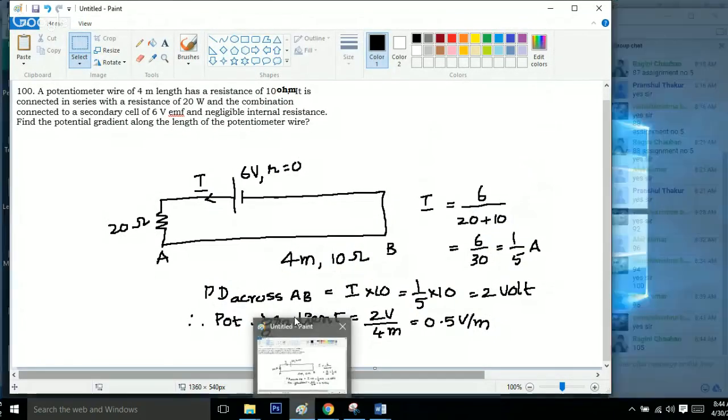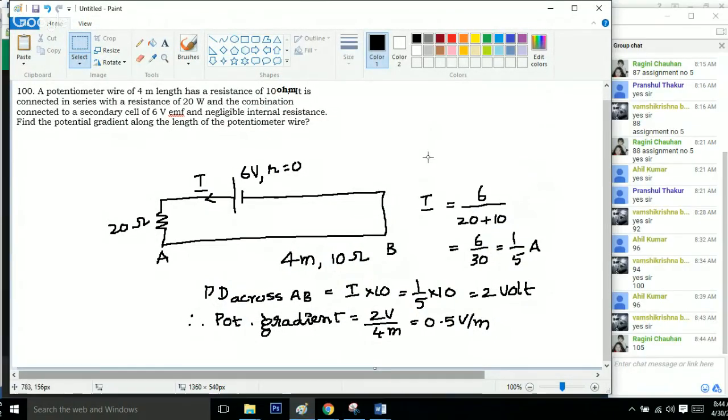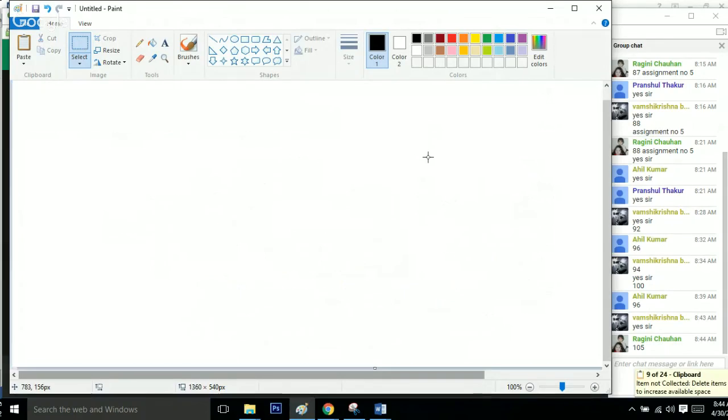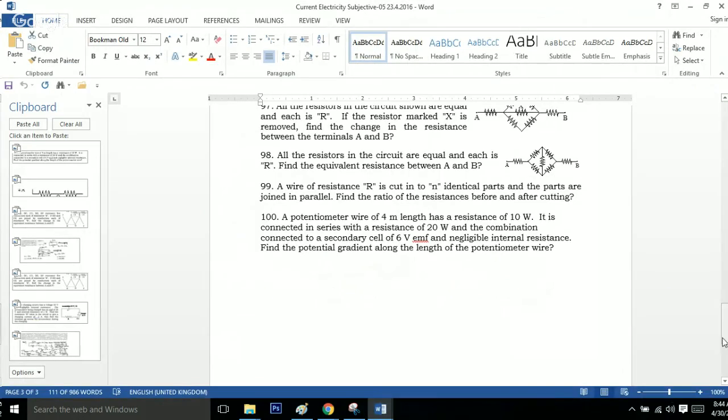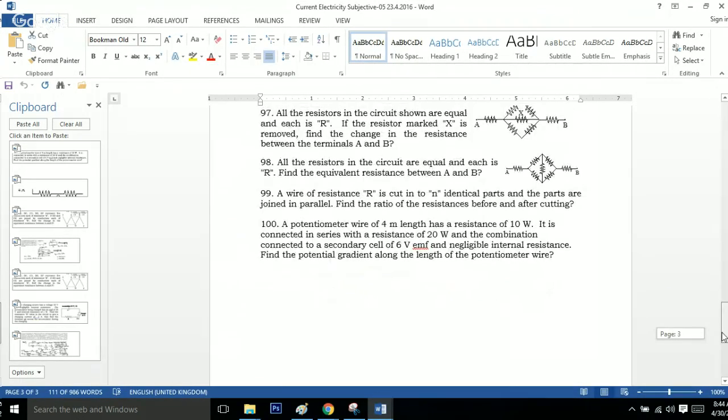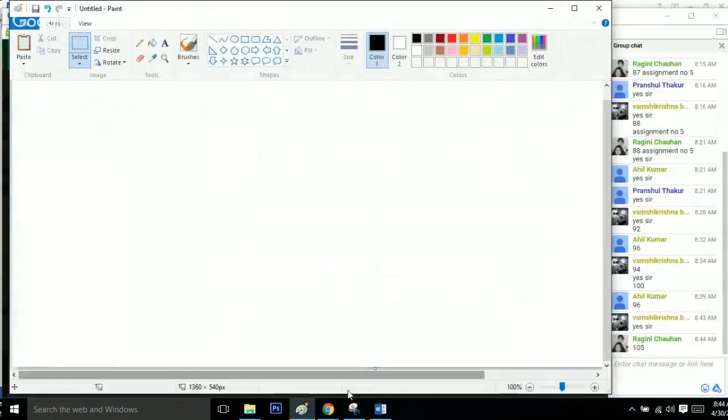Okay. My dear, I'll go for rubbing the screen. 105, let us see. That must be in the next one, no? Oh, it is not here. It is in some other 106.